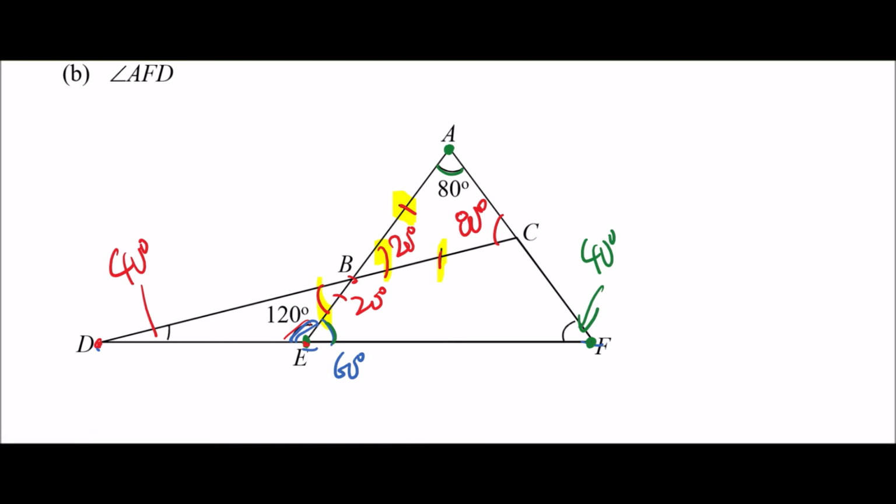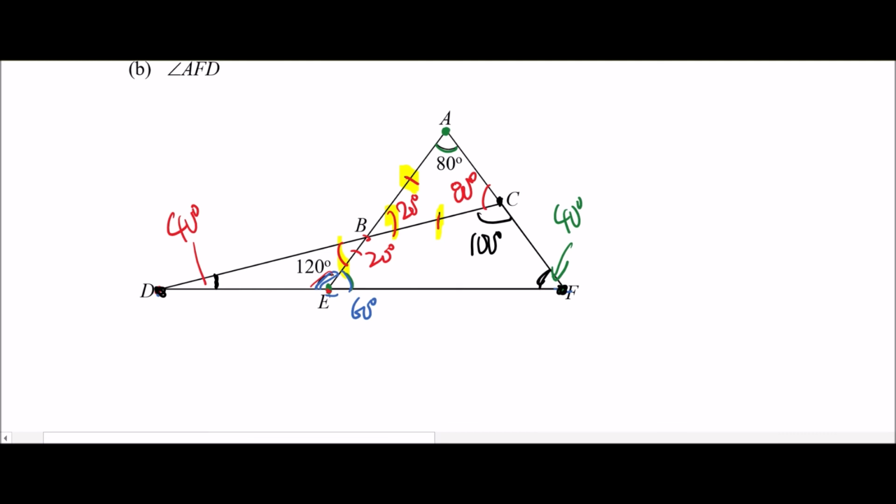Okay, so turns out we have most of the angles already. What else can I find? I can find this because of triangle DCF. Okay, so we have this 40 degrees, we have this 40 degrees. So turns out this is 100 degrees.